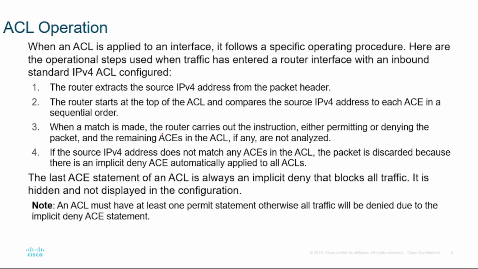And the last procedure: if the source IP version 4 address does not match any of the ACEs in the ACL, the packet is discarded because there is an implicit deny.